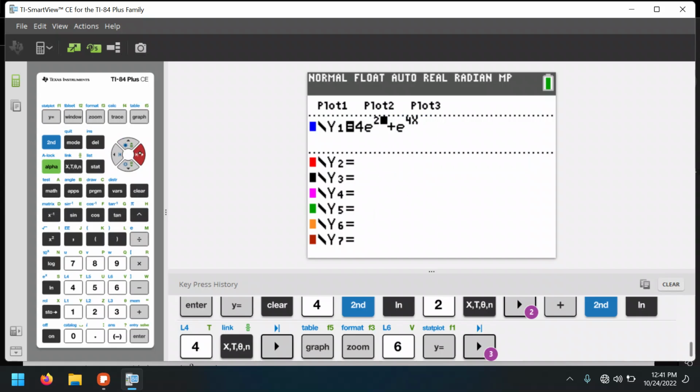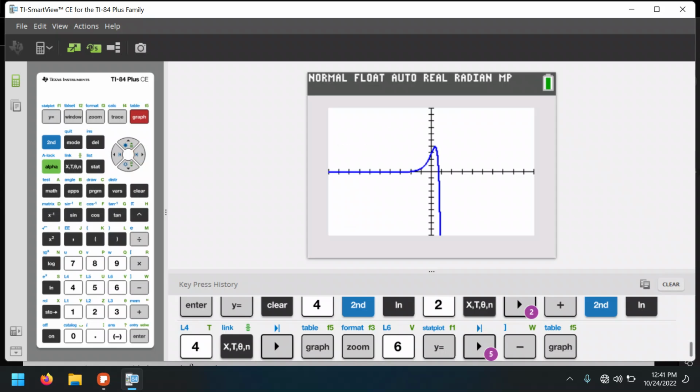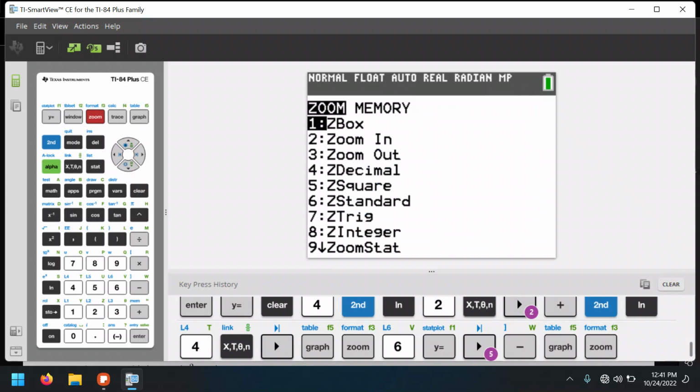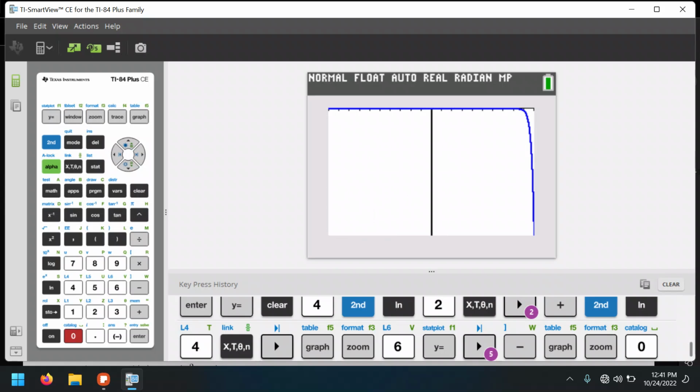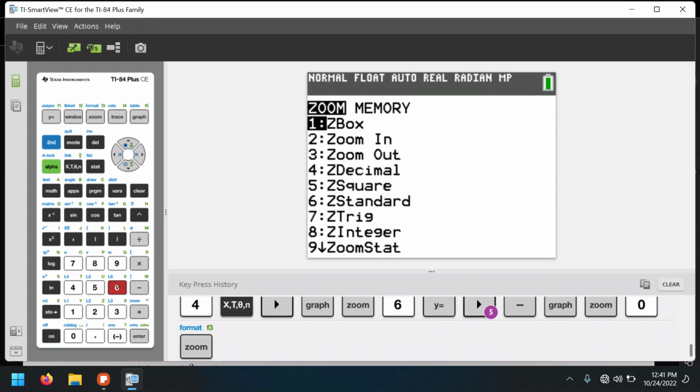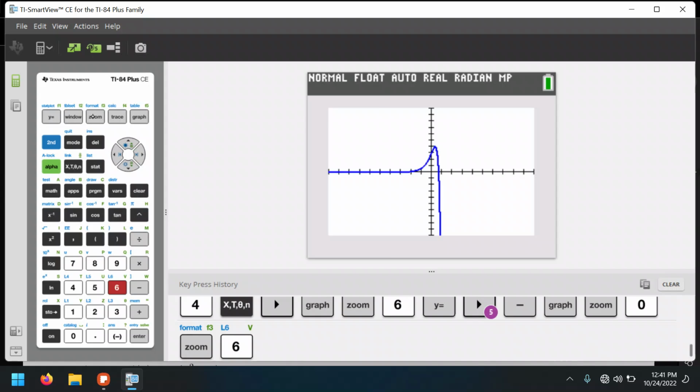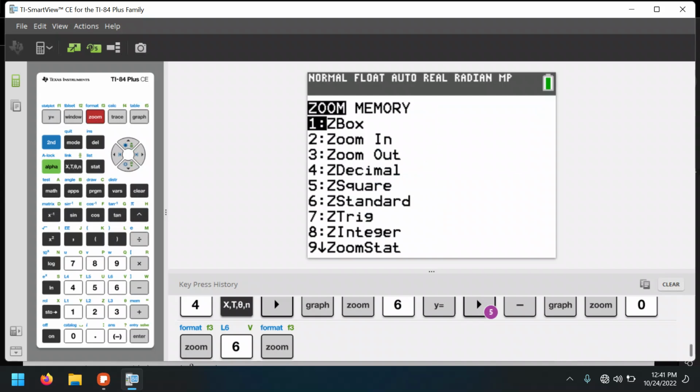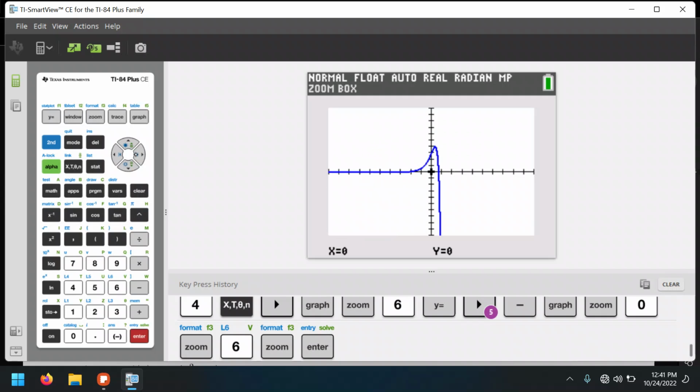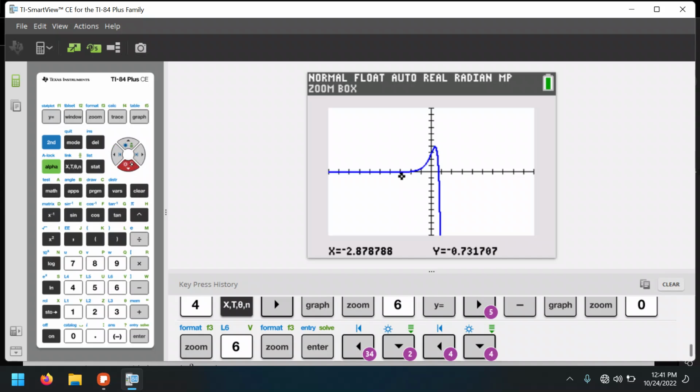Oh, I believe it was minus, right? Oh yeah, that's gonna change a lot. So let me zoom fit. No, that's not gonna help. Zoom standard. I will have to do zoom box again. Well, no, that's fine. Zoom box. Do enter.